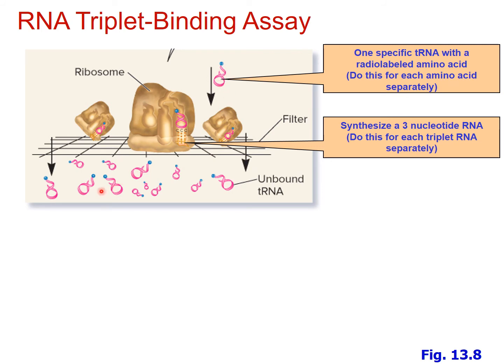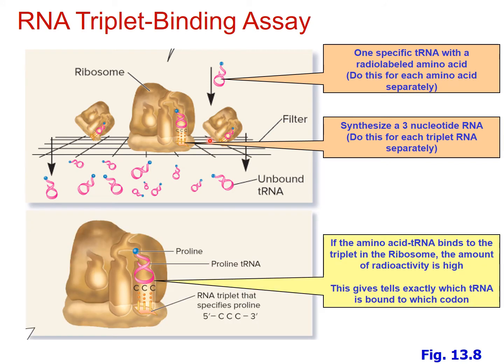All these other things will get washed through, all the unincorporated transfer RNA with its radioactivity, so you only see it if it is bound. And this would use the same scintillation counter to measure this.